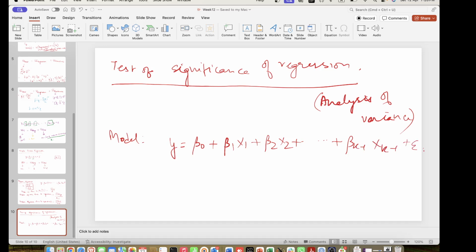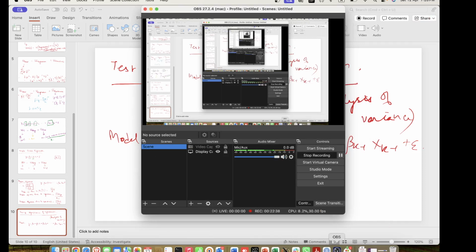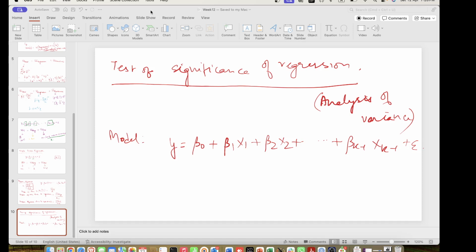Okay, so this is the model, and testing of significance of the regression means that whatever explanatory variables I am considering are actually meaningful and they are helping to explain the variation in my response variable, because that is what is needed.